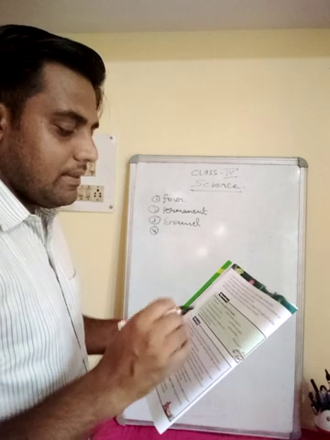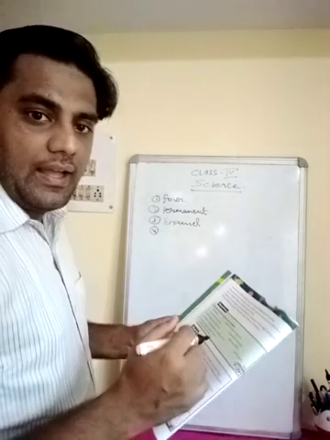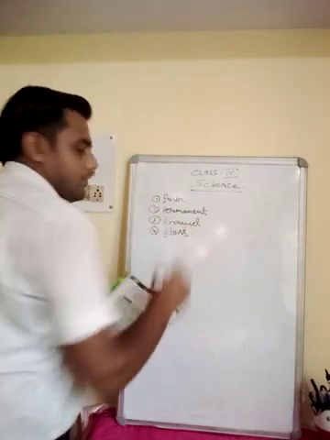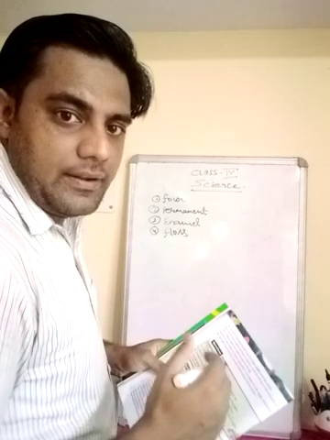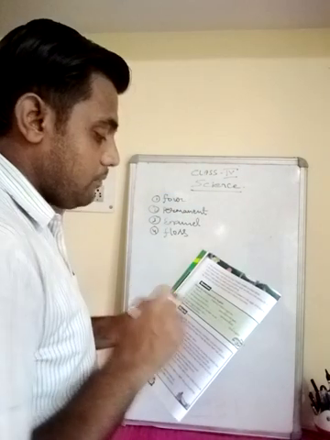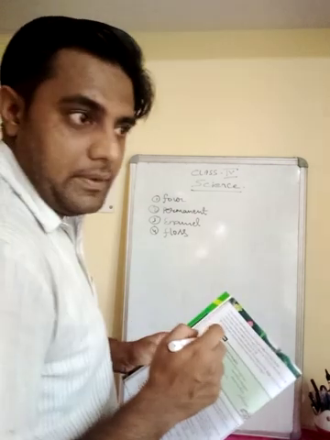Number 4, to clean the spaces between the teeth, we use dash. Your options are floss and sugar, and your answer is floss, also known as dental floss. And number 5, sunlight plays an important role in dash formation: water formation or vitamin D formation.